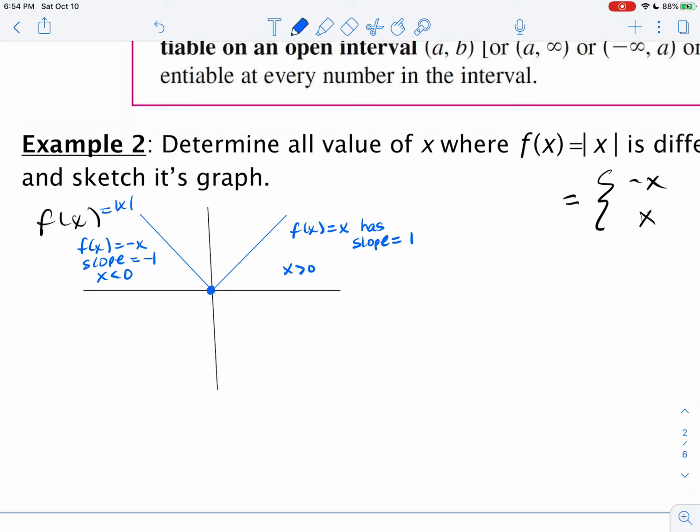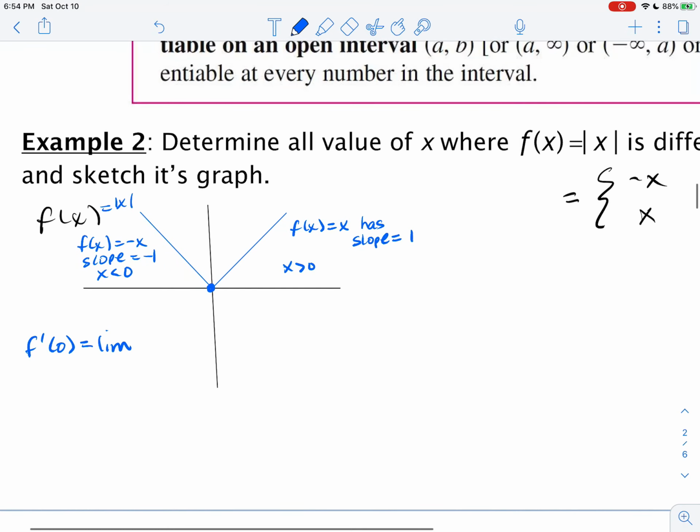So really, at x equal to 0, f prime of 0, if you use that limit definition for just one specific value, would be the limit as x goes to 0 of f of x minus f of 0 over x minus 0, and that's going to give me x.